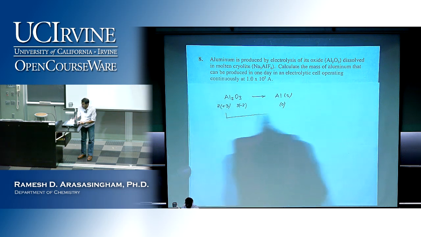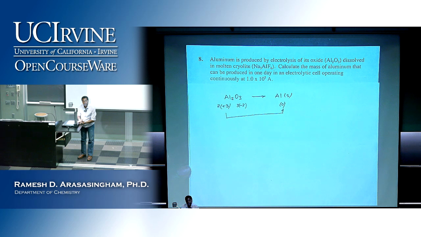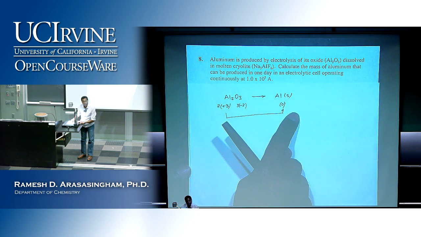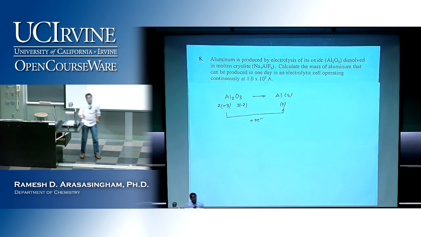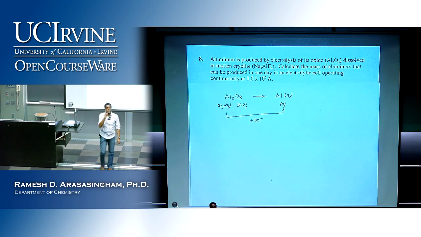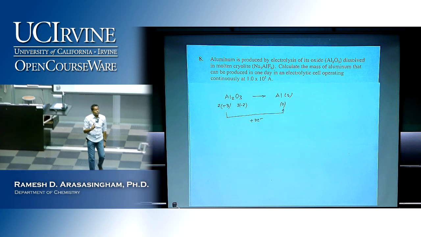Can everybody see that when aluminum goes to aluminum solid, how many electrons are involved? Each aluminum ion goes from +3 to 0. All right? Is that a reduction or an oxidation? Reduction. And you know that 3 electrons are being picked up. So each aluminum ion will pick up 3 electrons.